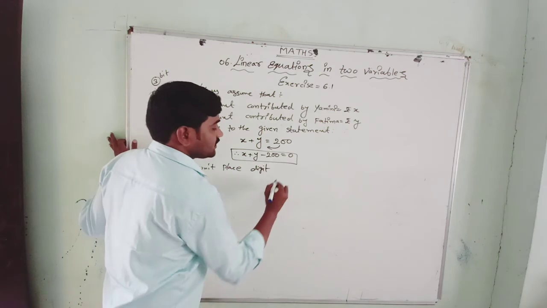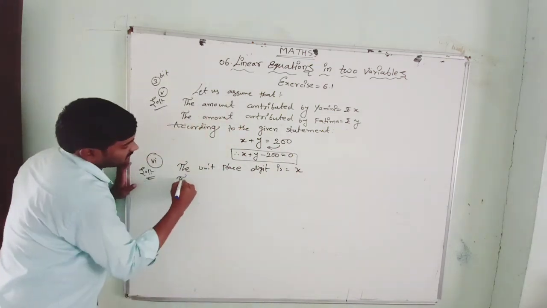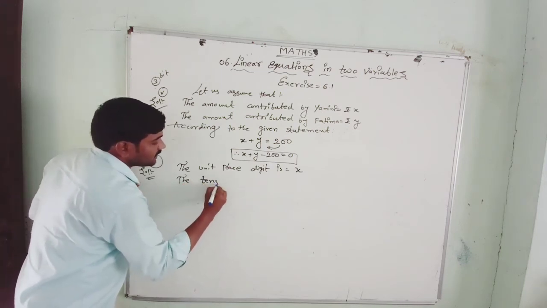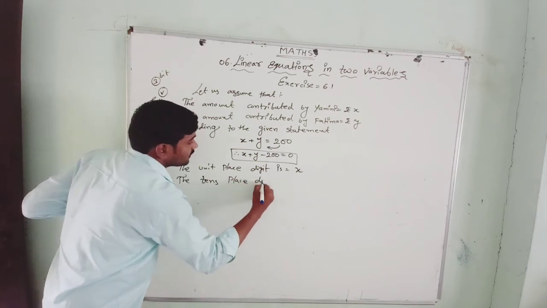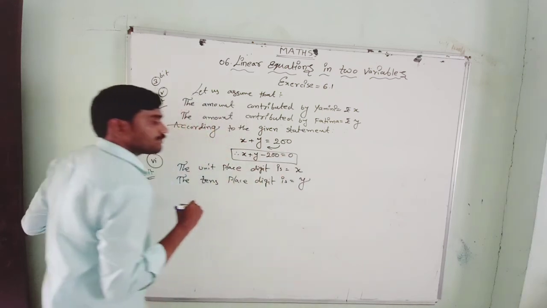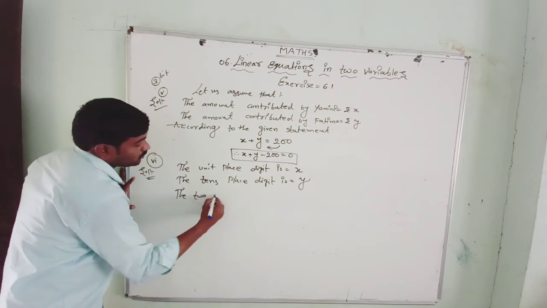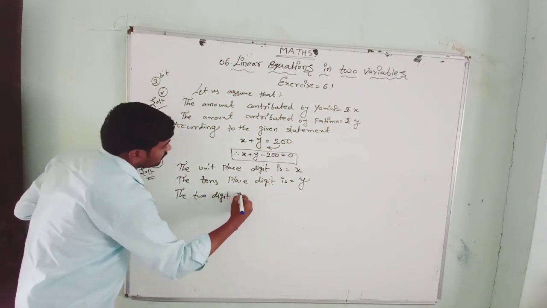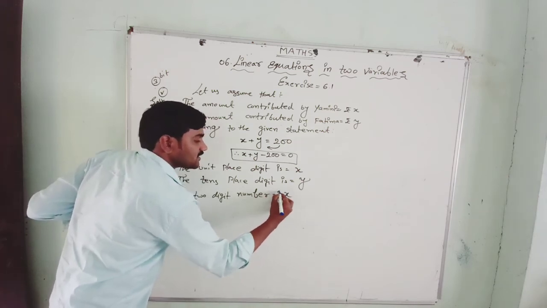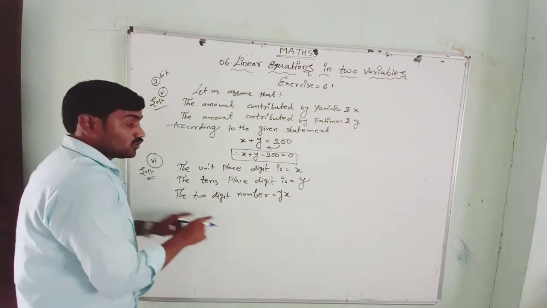Let us write: the unit place digit is x. The tens place digit is y. Then the two digit number is first the tens place, then the unit place, yx.